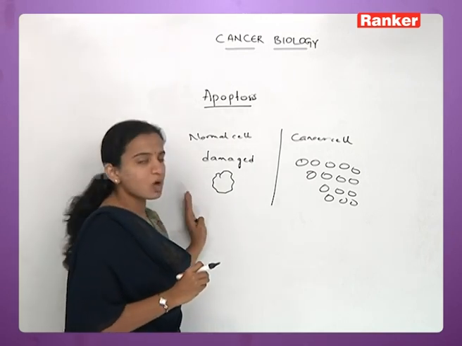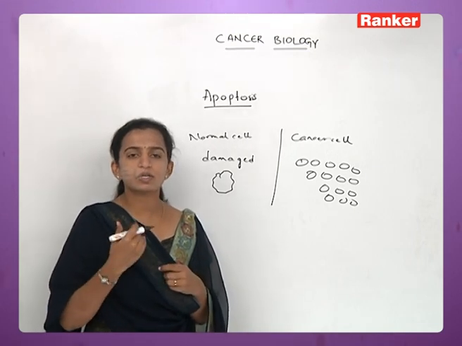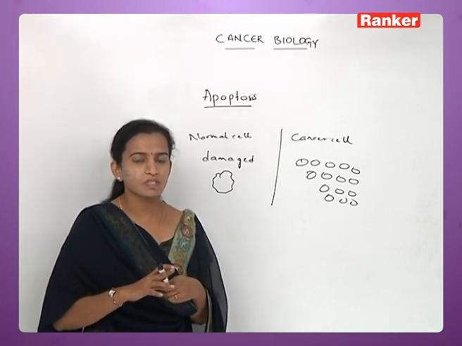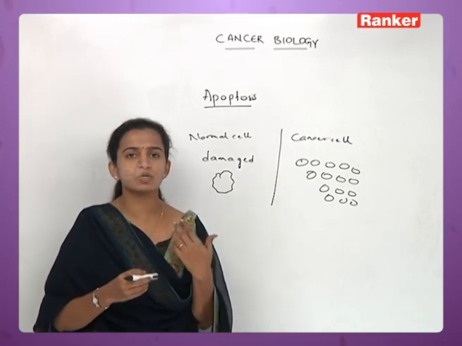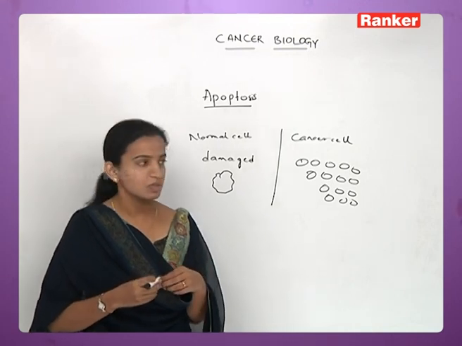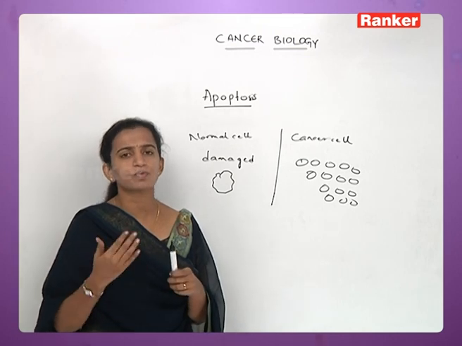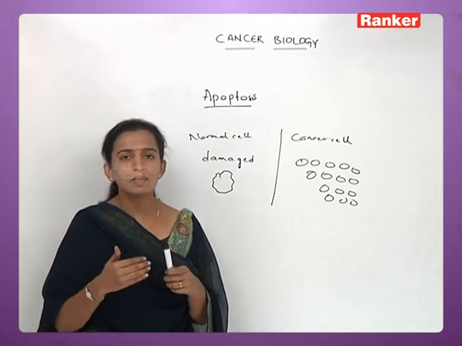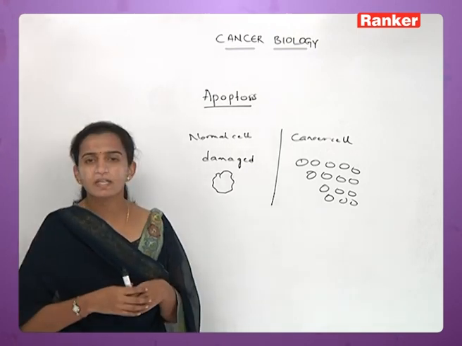Coming to the normal cell, if at all there is a small problem in its cell also, it is undergoing a process called apoptosis. Apoptosis means killing itself. So that means if that is a damaged cell, it goes for a proper division or it doesn't go for a division. But here in the cancer cell, there is no such kind of rule and regulation. Even if it is damaged, it is going for the division. So this sort of thing is seen in a cancer cell.